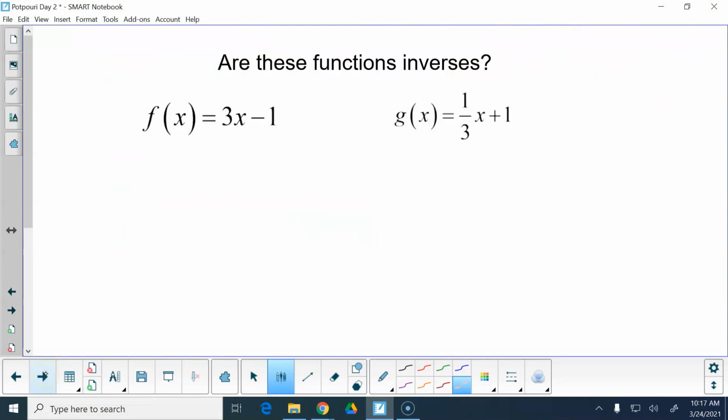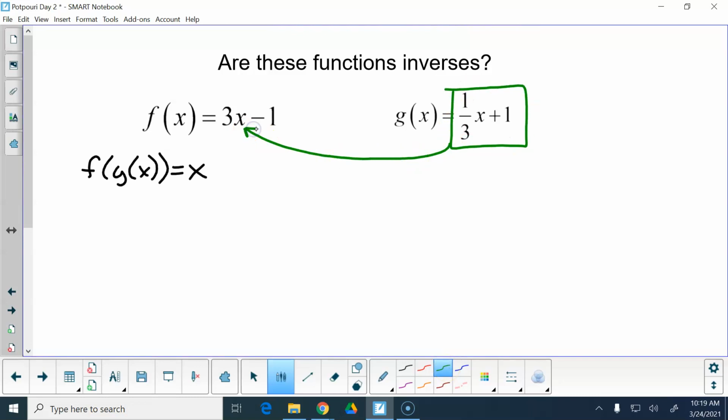You tell me if those two are inverses. Couple of head shakes. Yeah. So first we gotta try f of g of x, and that's gotta be equal to x. So I need to take this, put it in there.